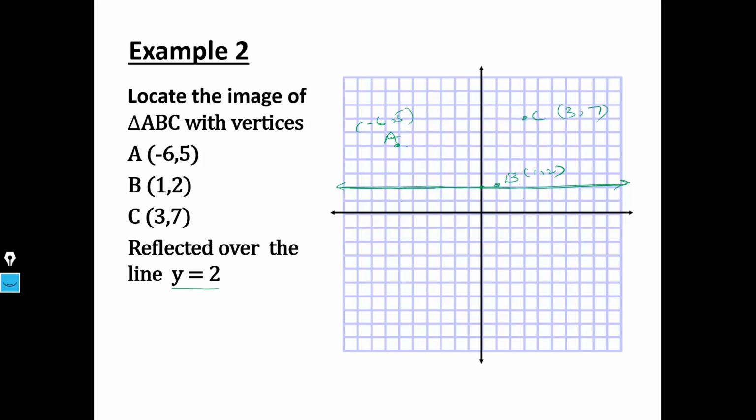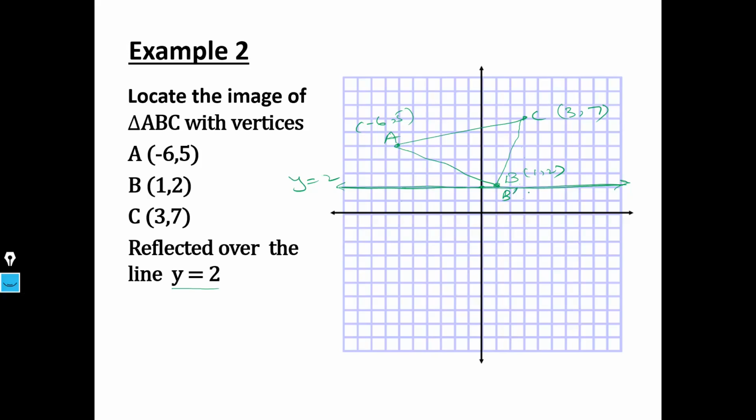Now we join these A, B, C. We got A, B, C. We reflect all these points along the y equals 2 line. So this B will remain as it is, because this B is exactly on the line of reflection. So B dash will also be there. It will be the same, it will be equidistant.